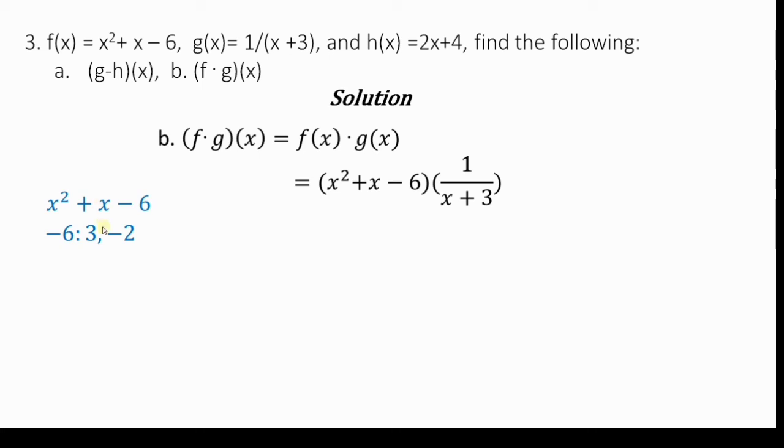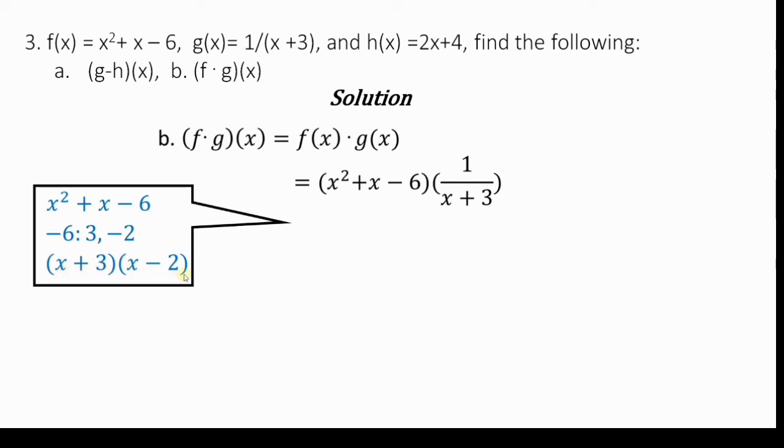So what we do is open two brackets, and we say x plus 3, x minus 2. So we use that in place of this quadratic expression. We now have x plus 3 times x minus 2.